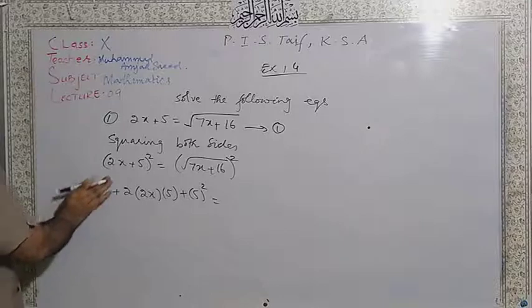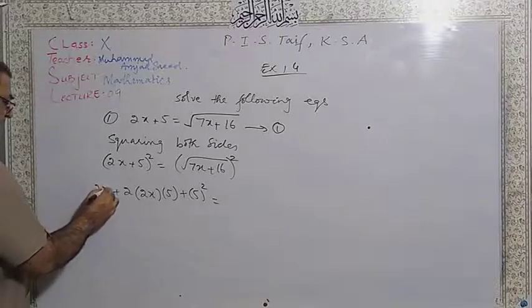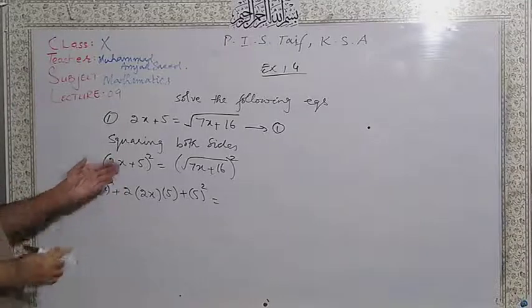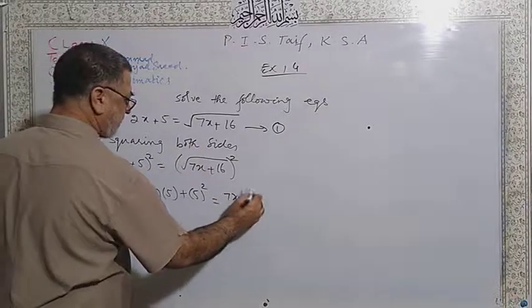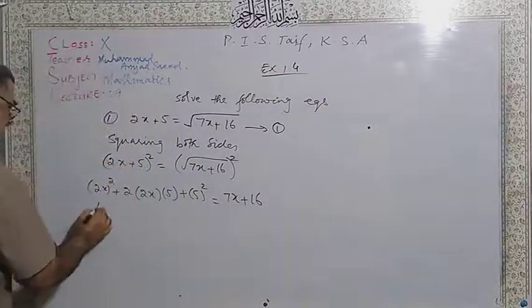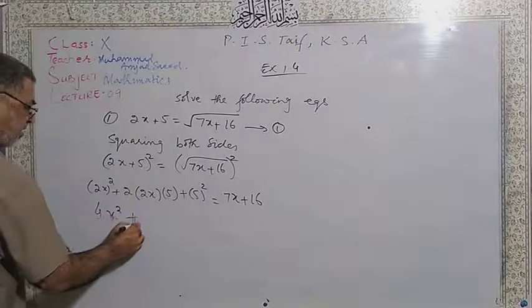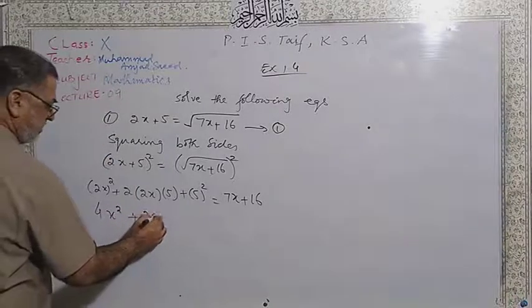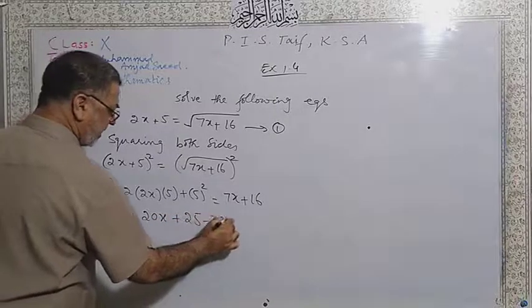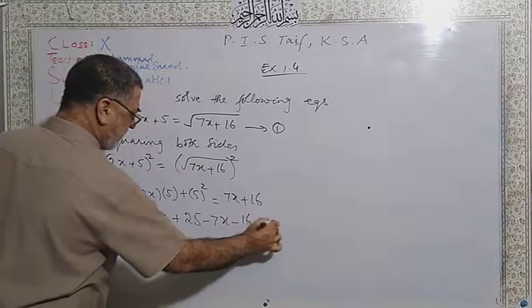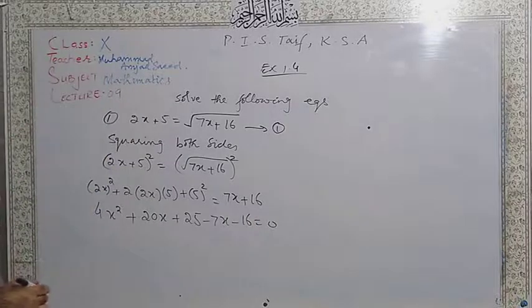First square you can write down as 2x whole square. The square and root will cancel out. 7x plus 16. Here is 4x square plus 20x plus 25 minus 7x minus 16 is equal to 0.